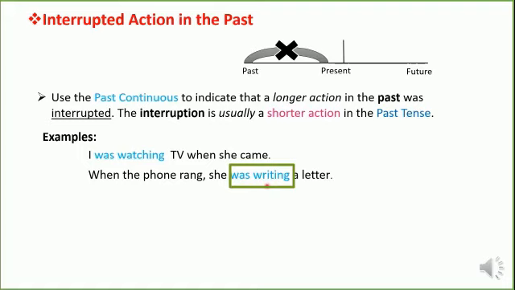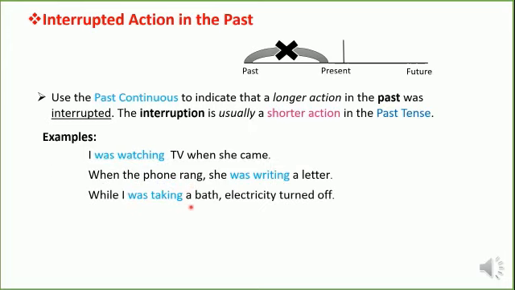This is a longer action that happened at a certain time in the past and continued for a certain period of time. So this is the longer action. We use the past progressive. Something interrupted it. Here we have the phone rang. Rang is the shorter action. We have to use the past simple tense.